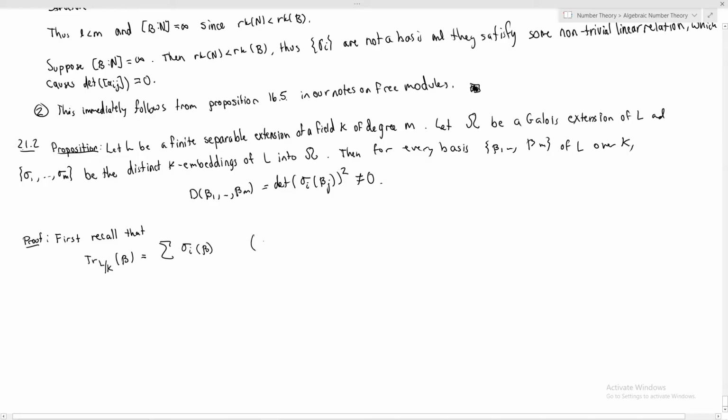This is from trace, norm, Galois theory, lecture 17. So essentially the trace is the sum of the Galois conjugates of an element beta, for any beta in L.